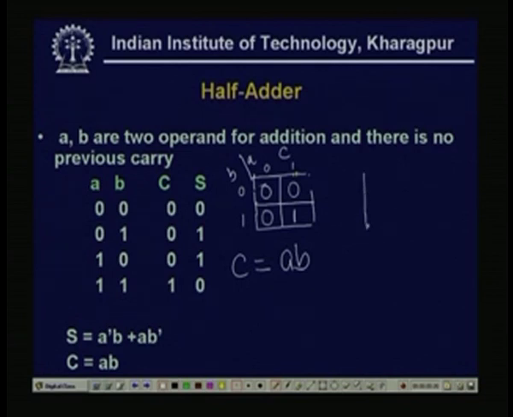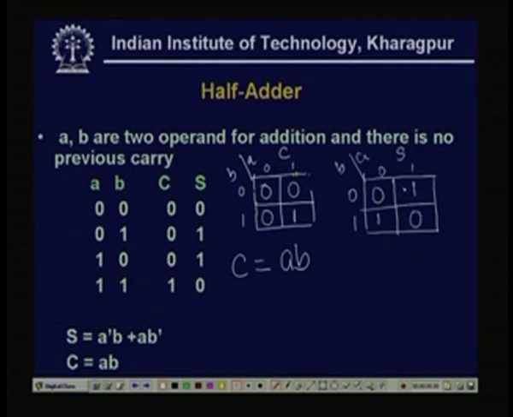Similarly, if we draw the map for my S, again taking A and B, this is for my S, 0 1 0 1. For 0 0 the sum is 0, 0 1 the sum is 1, 1 0 the sum is 1, 1 1 the sum is 0.